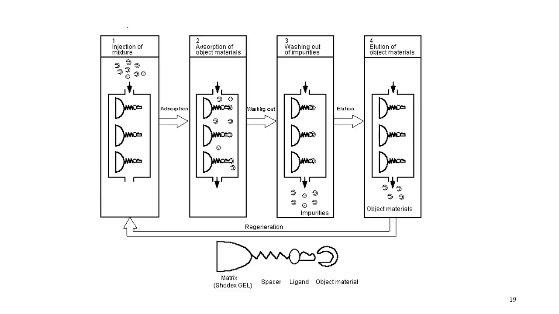The principle behind affinity chromatography is that you inject your mixture, and you have something that binds well with a particular compound. Say, a tag or a particular ligand that binds to your target material.